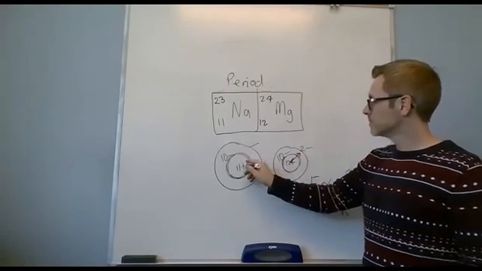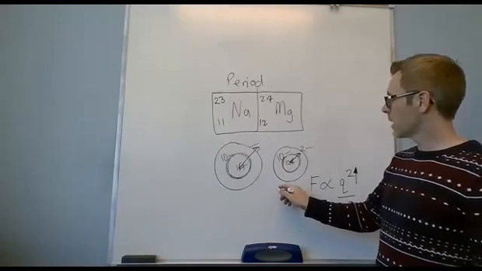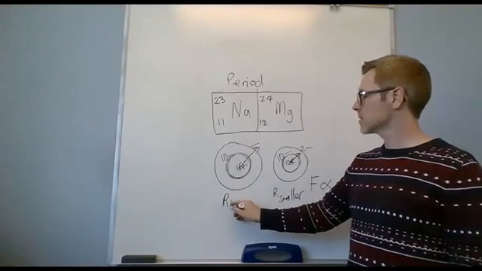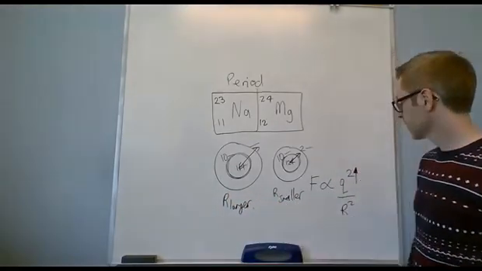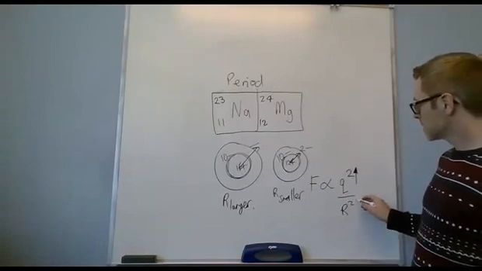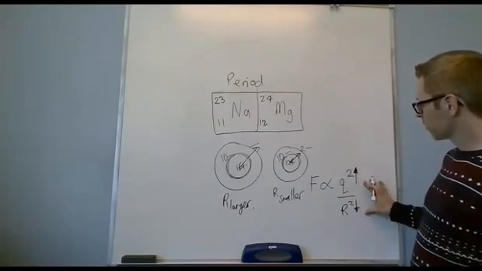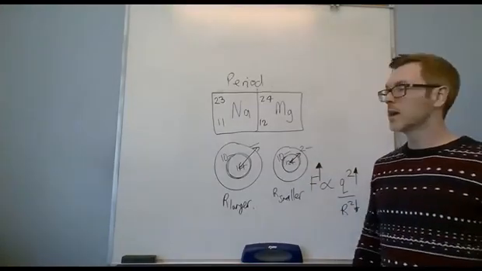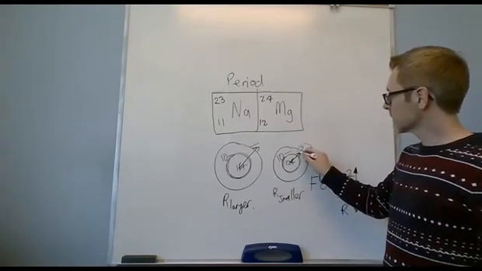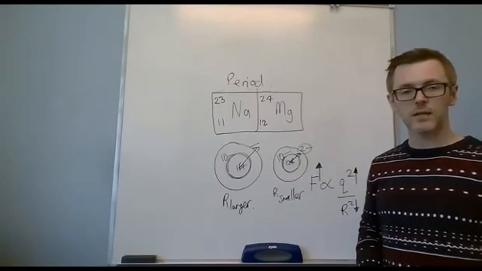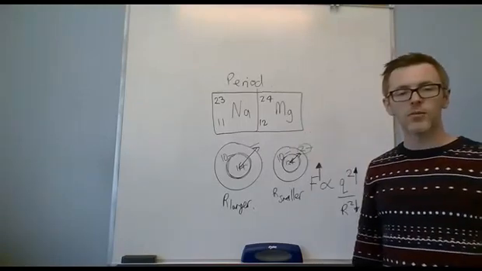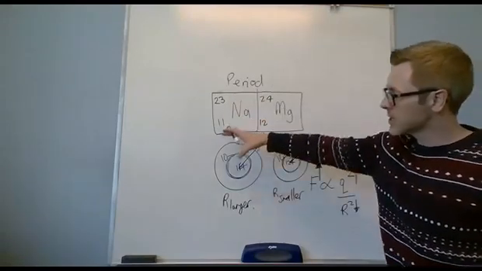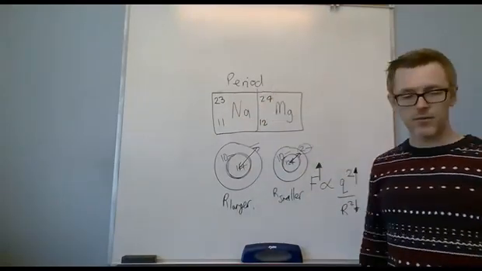My r is smaller now compared to my r, which was larger here. Both of these effects lead to the force of attraction increasing. So that means the valence electrons have a stronger force of attraction with the nucleus. It's much harder for me to remove them, so I experience a higher ionization energy. So this is why ionization energy increases up and increases left to right.